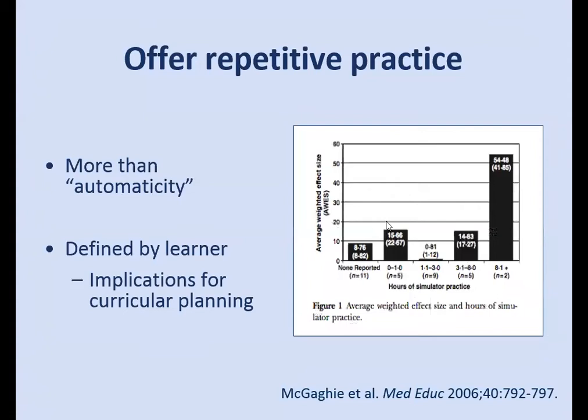In other words, when they did more practice, they learned more. And there was actually a clear separation between shorter educational interventions, those that were only half a day or less, versus things that were 8 hours or more. So more than a one-day training in aggregate led to the best learning outcomes.